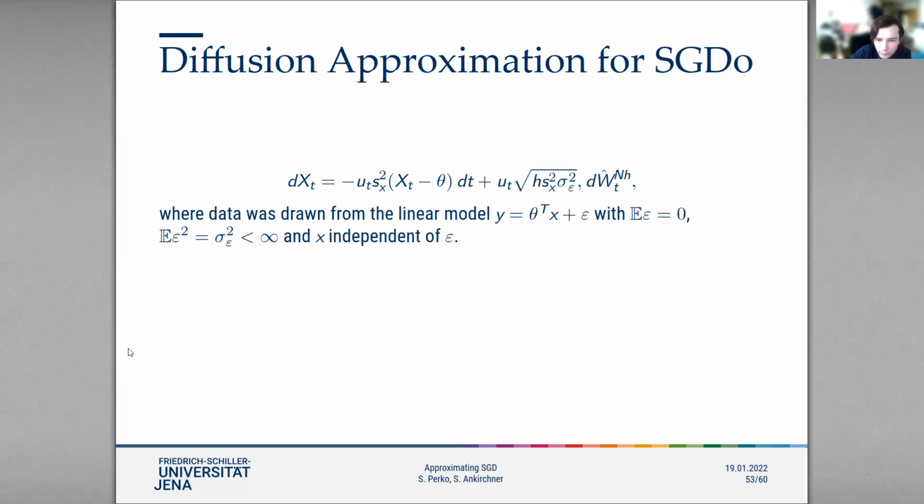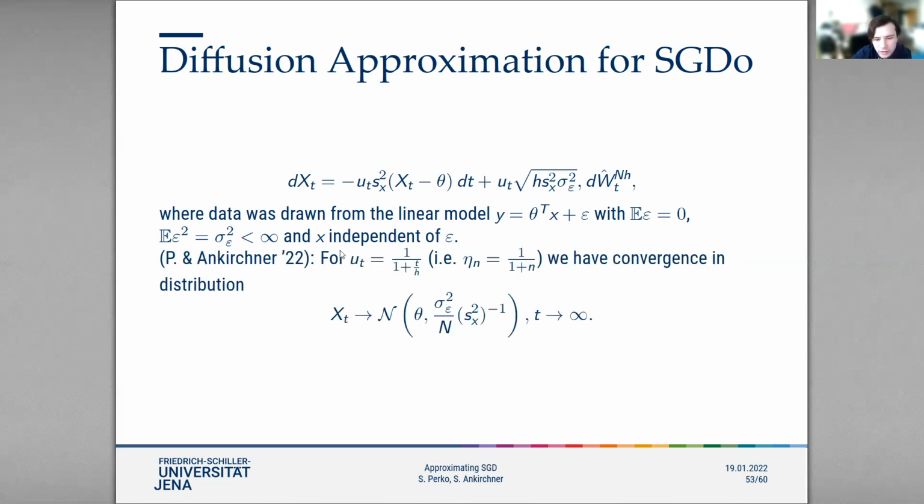We think that using this epoch Brownian motion, we can derive a useful approximation for SGDO in continuous time. The diffusion coefficient somehow depends on the underlying data generating model and the additive noise in the data, but let's just take this for granted.